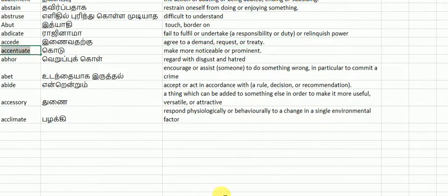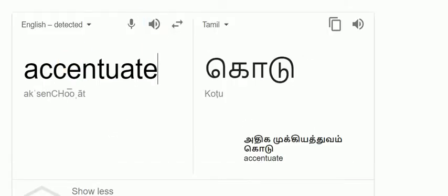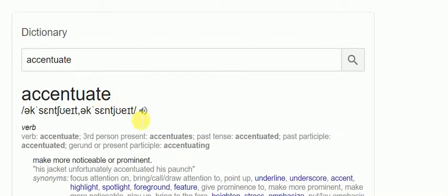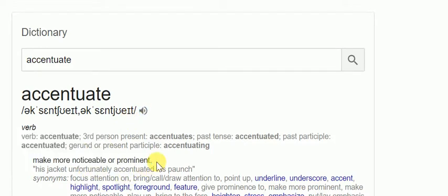So the next vocabulary is accentuate. Accentuate means to make more noticeable or prominent. Something you are noticing in your actions.